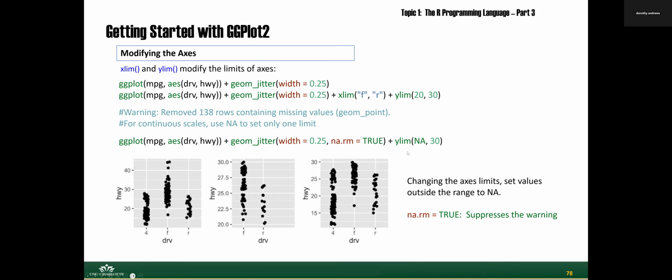So here the y limit goes from whatever, if you have NAs, up to 30. And this basically says that you're going to set values outside the range to NA. So that's fine. That would include that.